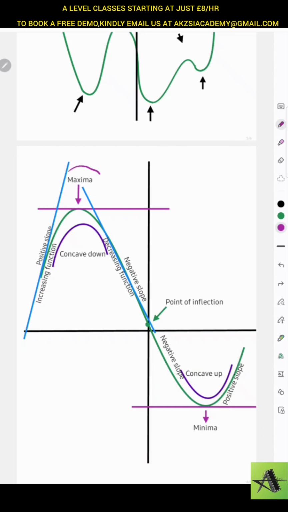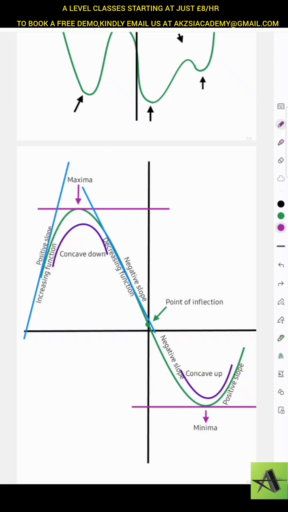And at the maximum point, d2y over dx2, that means the double derivative, should be less than 0, because that shows the concave down behavior, whereas here when it's concave up and I find the second derivative, it will give me a positive value. When we get d2y over dx2 greater than 0, we get the minima point.